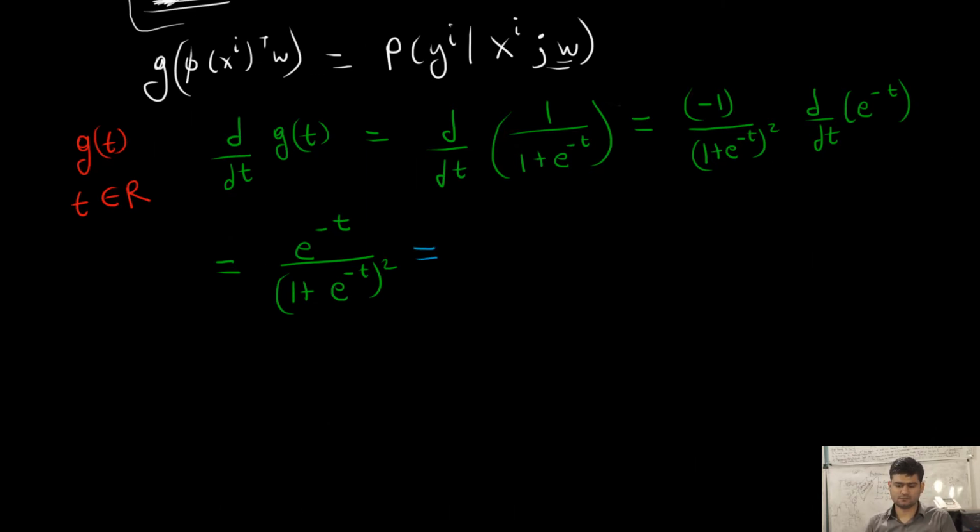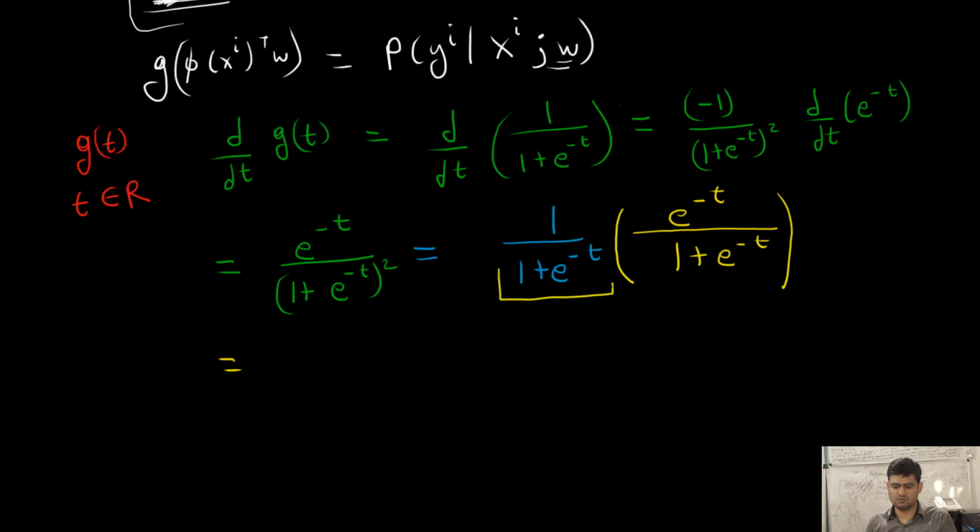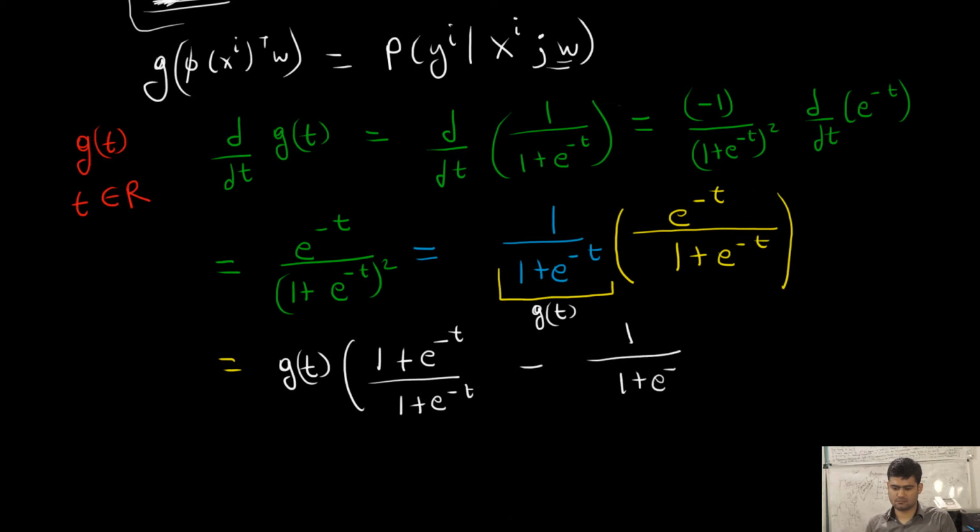So this is equal to g of t times... so we'll simplify the term in the bracket by adding 1 and subtracting 1.